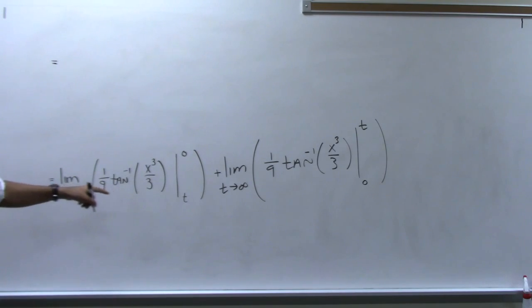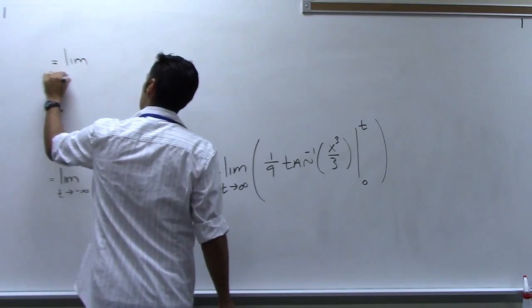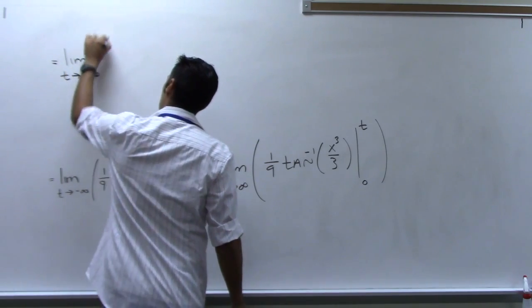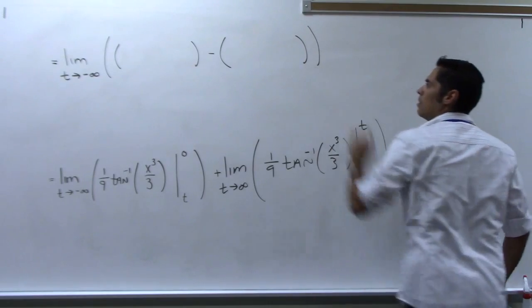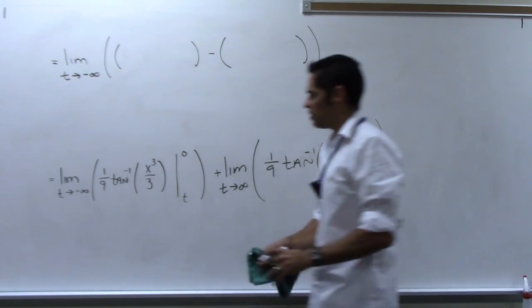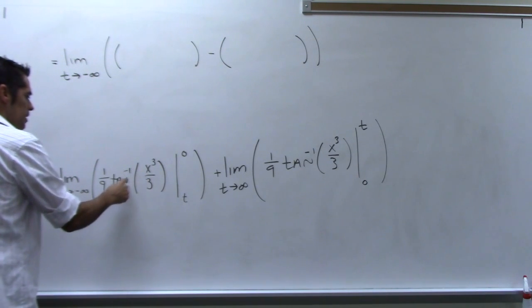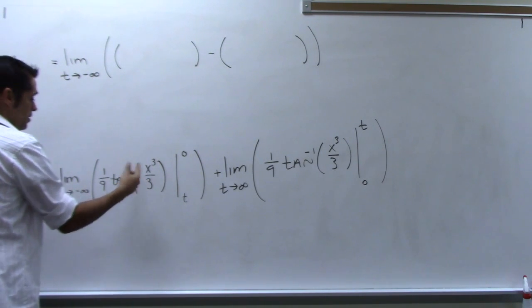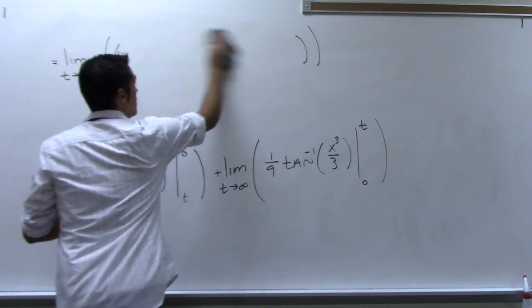So I'm going to get two things out of this. Limit t goes to negative infinity of, let's see, this minus this. Then I'll have another one, but let me do this one first. If I plug 0 in, I get 0 here. Arctangent of 0 is 0, and then times 1/9, it doesn't matter. So that whole first one is 0.